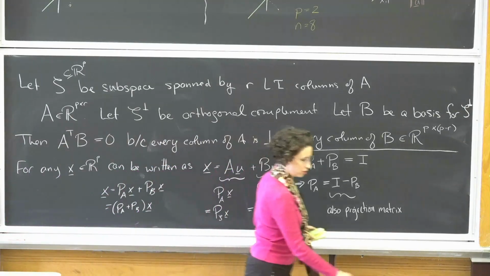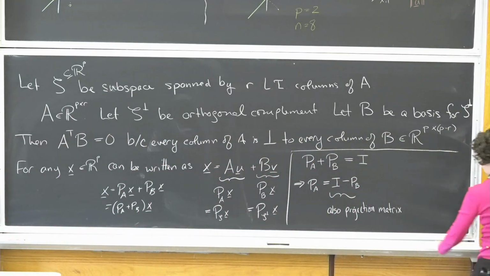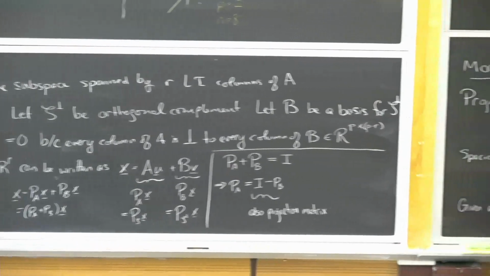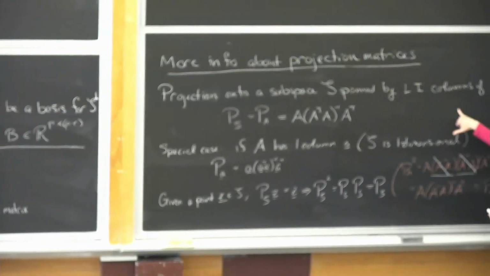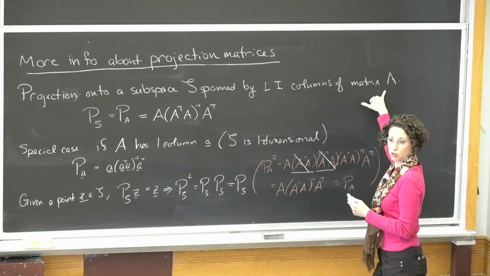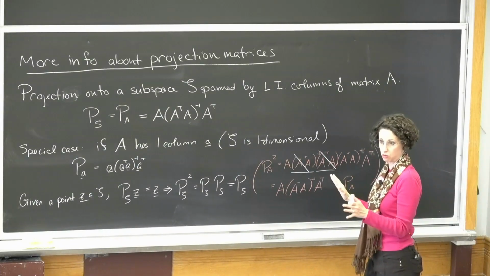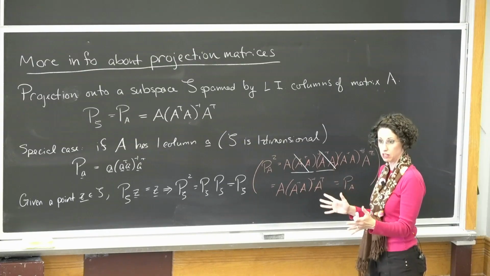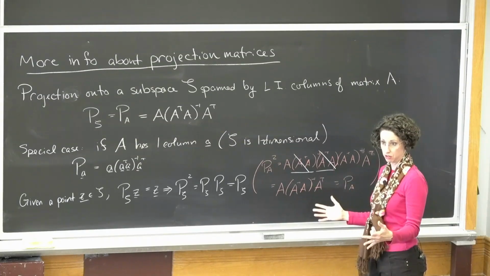So if we go back to this third board, we talked about projection onto a subspace where we've got a matrix that corresponds to a basis, where in this case we're only assuming that the columns are linearly independent and nothing else.